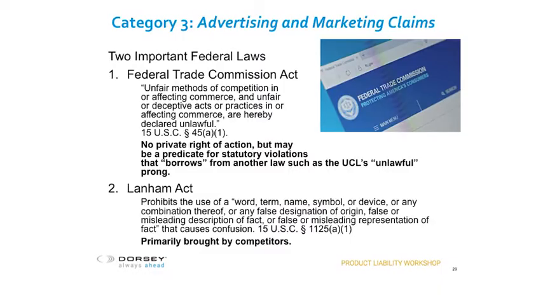So then we have that UCL unlawful act predicate, which is then coupled with a host of other regulations, including the Federal Trade Commission Act, which in very broad and somewhat amorphous terms prohibits unfair and deceptive acts or practices affecting commerce. And then the other federal law that comes into play here is the Lanham Act.